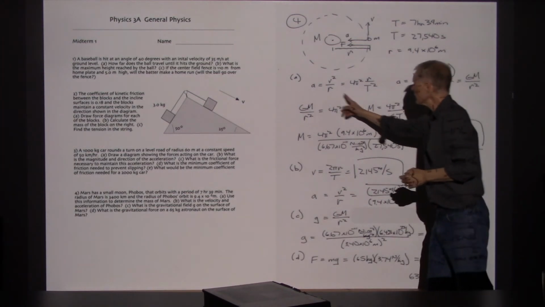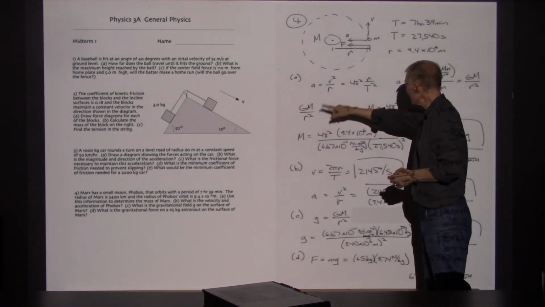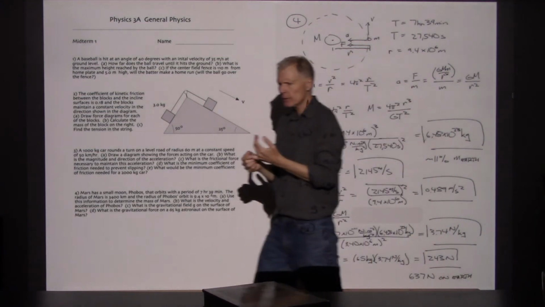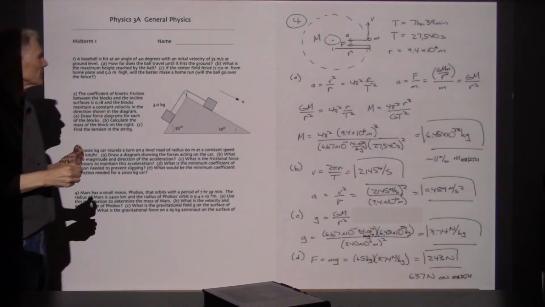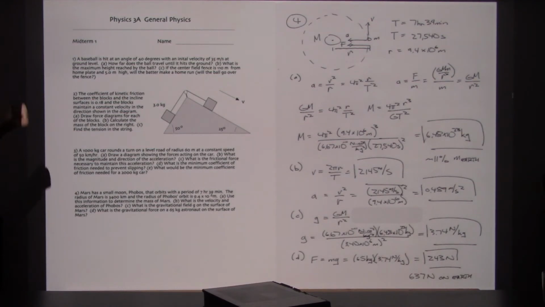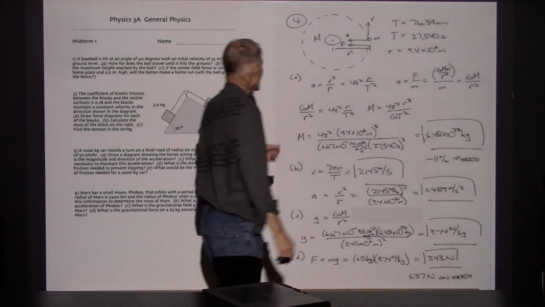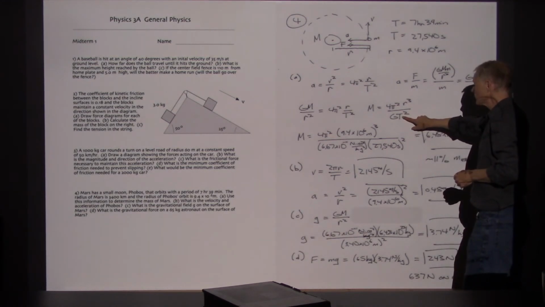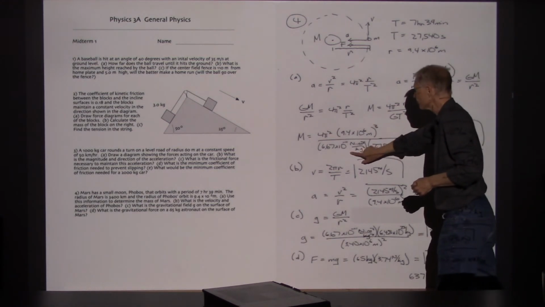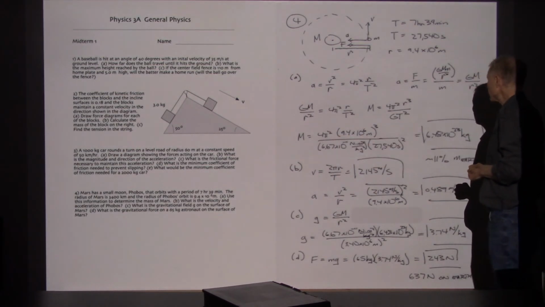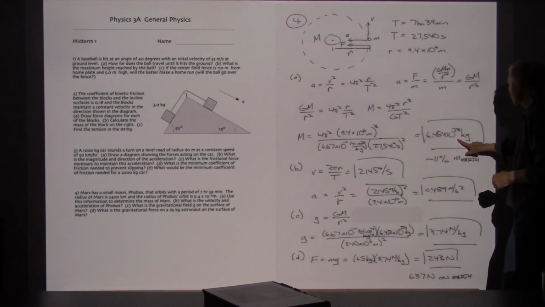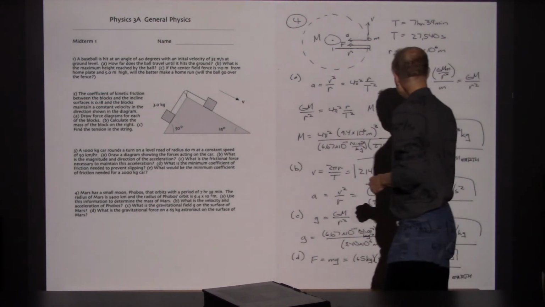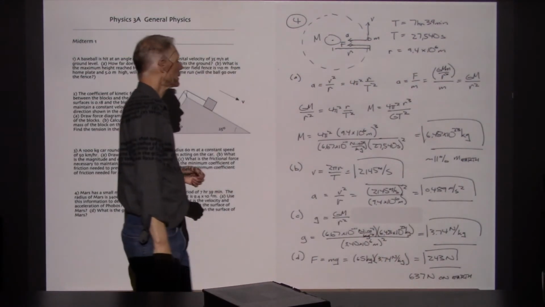This time I'm going to take the formula and solve for mass. When I look at that formula, the mass is in there, the orbital radius is in there, the period is in there, I could put the velocity in there, and then we solve for whatever is missing. In this case, they have told us the orbital radius and the period. I can put all of those numbers in, don't forget the factor of 4 pi squared, and I ended up with a mass of Mars of 6.48 times 10 to the 23 kilograms.